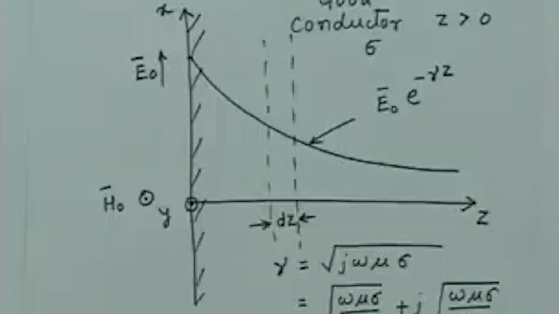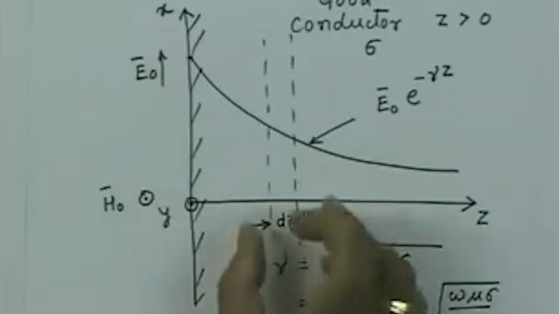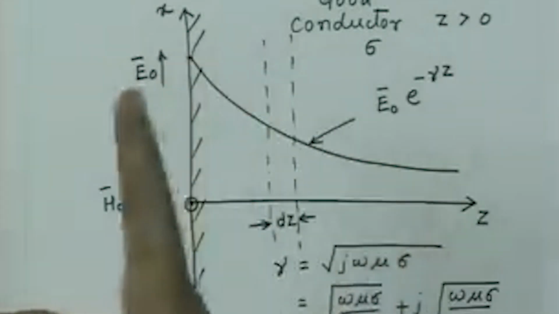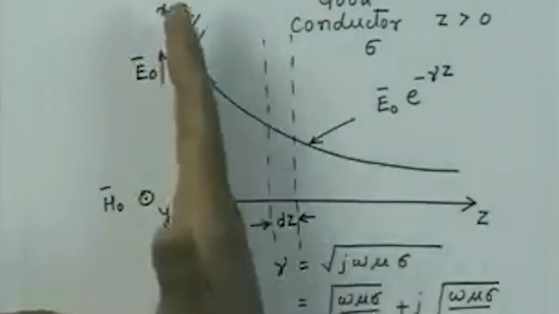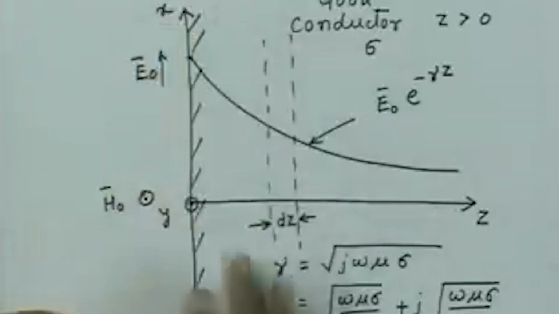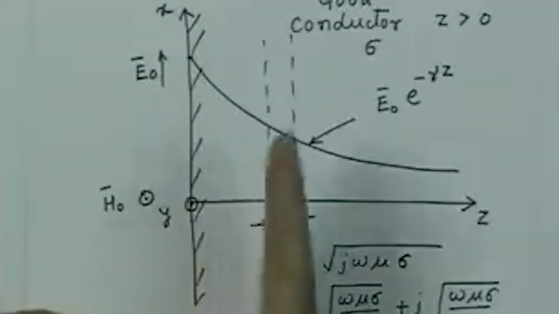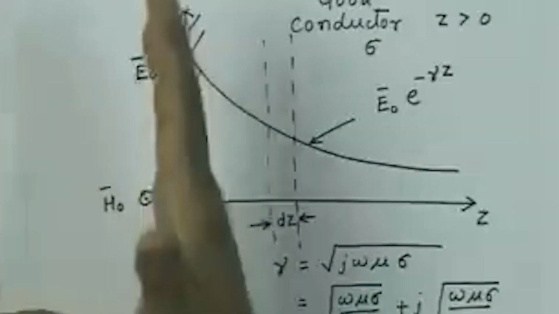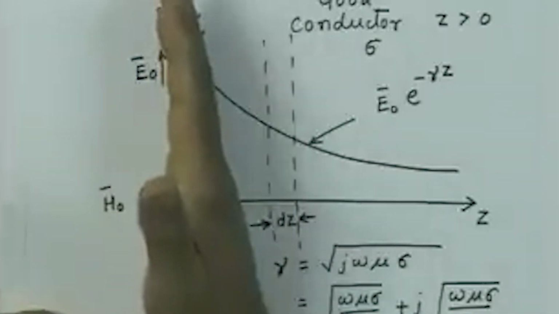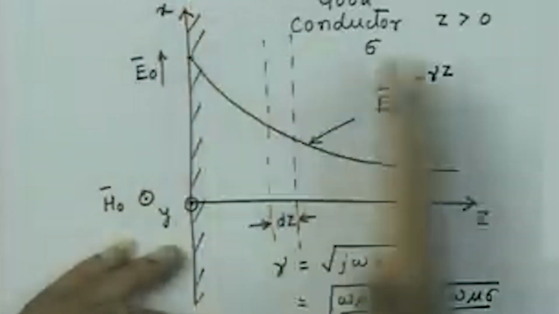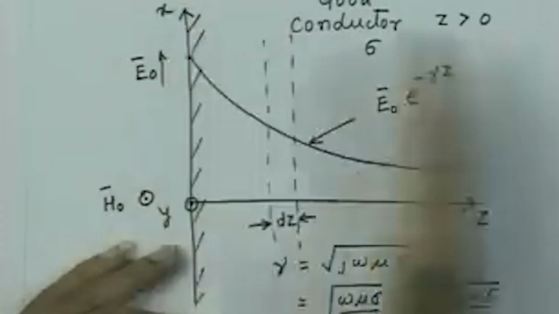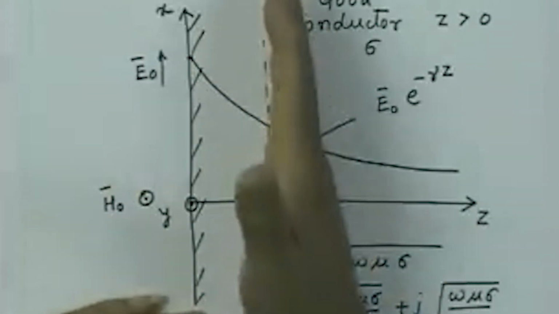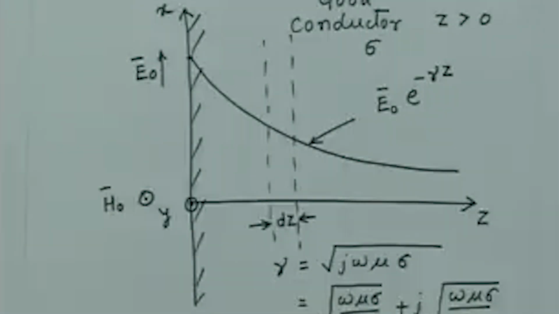So, if I ask now what is the current flowing in this sheet per unit area in the xy plane, if I take an area in this direction, the current is flowing this way. So I can find out the total current which is flowing under this surface of unit area in the x direction.